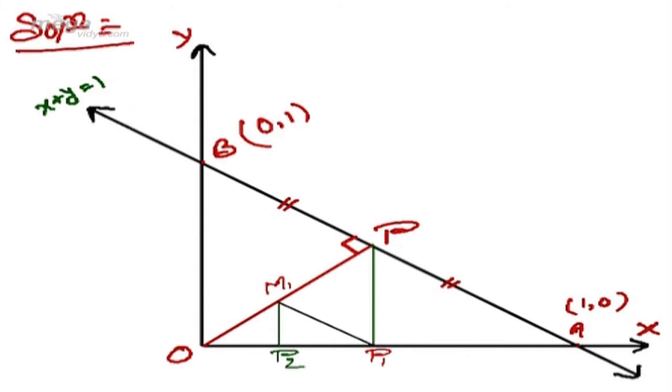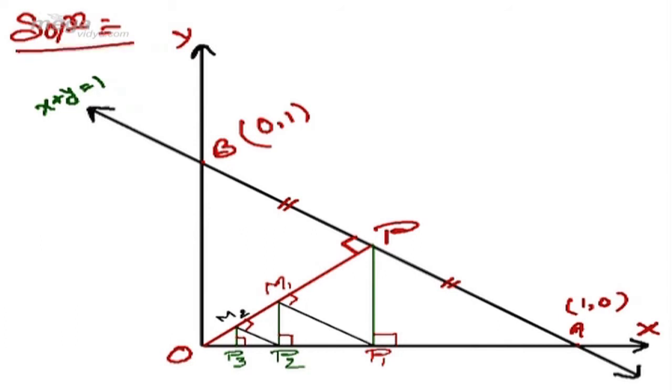Again from P2 we draw the foot of the perpendicular on OP, and this is your M2. Then from M2 we draw a foot of the perpendicular, called P3, and so on. All of these are perpendicular. Then what is OPn?